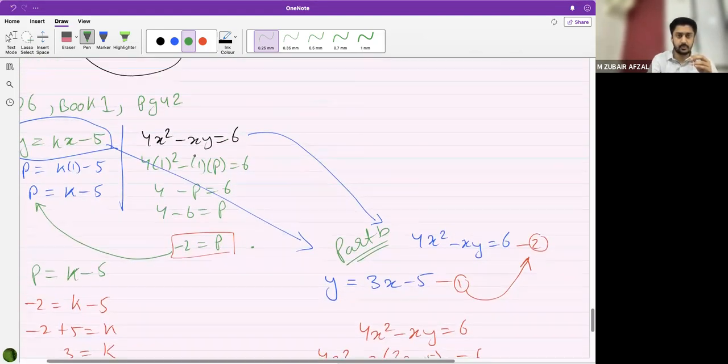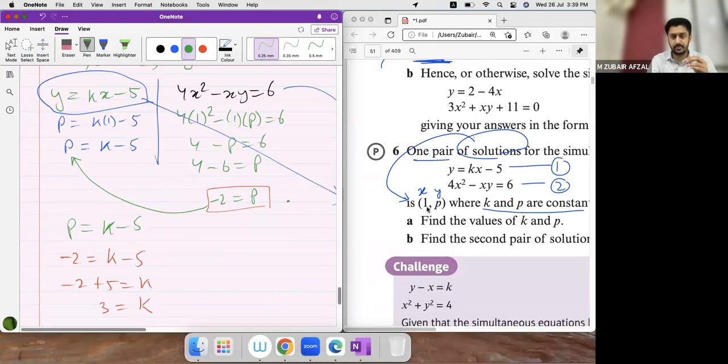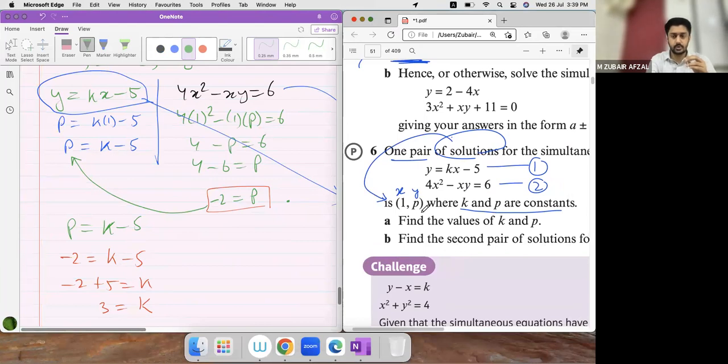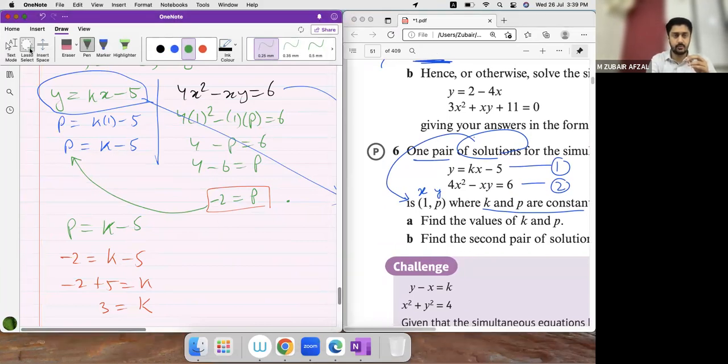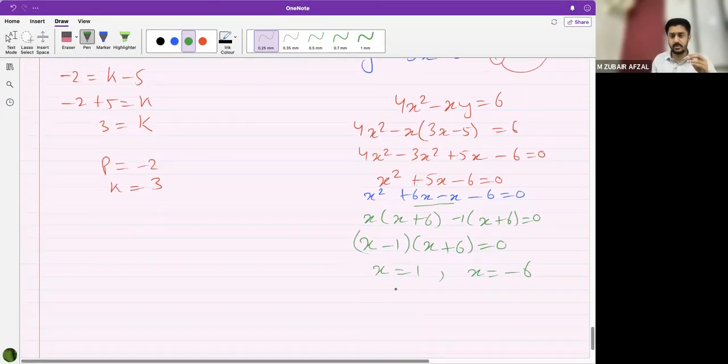Do you remember, the first part was x equals 1 and y equals P. It says find the second pair of solutions, so we do not have to solve with 1 again. 1 was the previous answer, the old answer; the new one is -6.